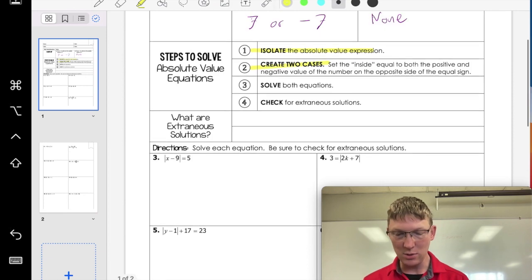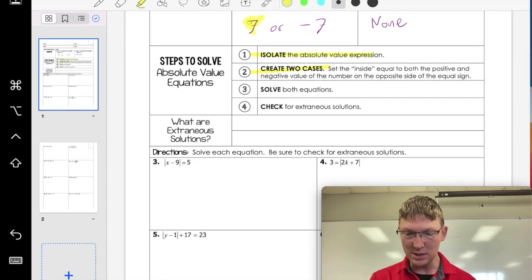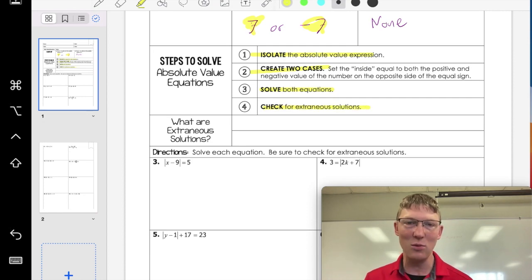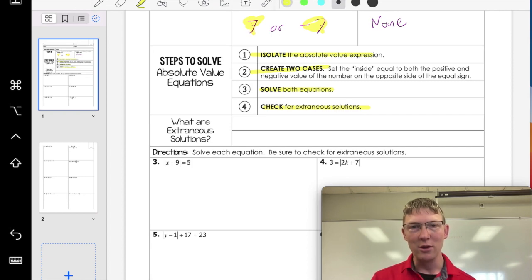Just like with that 7, x was either 7 or negative 7, we'll do that with equations as well. Then we solve both equations using normal algebra, and check for extraneous solutions. That's a fancy way of saying make sure the solutions work. Sometimes there'll be something underneath a fraction that makes the whole thing blow up, so we need to check those solutions.